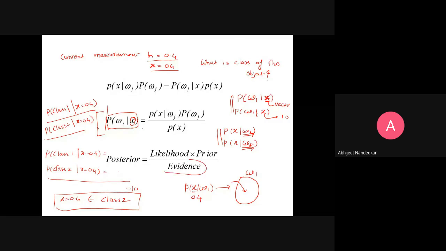And evidence stands for how many times this 0.4 appears, that is, how many times the given measurement 0.4 appears in my problem domain, irrespective of classes. That is called evidence.